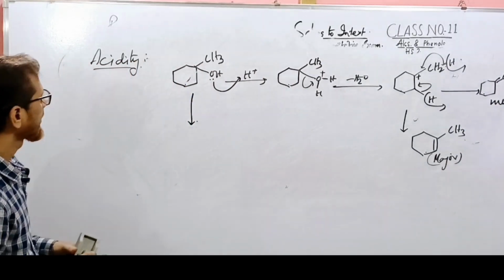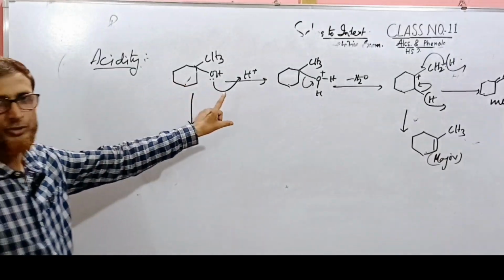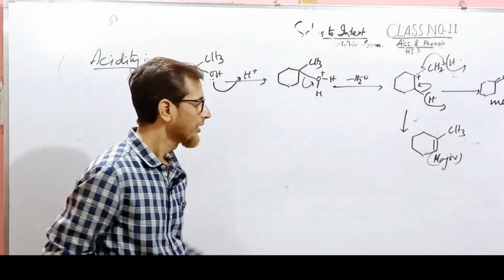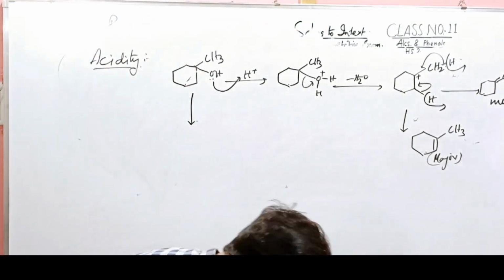Am I right? So this is a very simple one, but the explanation is a bit hard, so try to follow the small mechanism, and you can proceed to the answer.